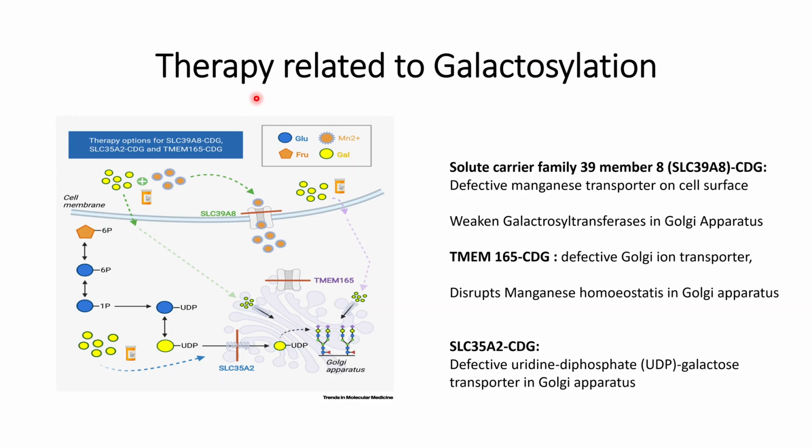In this video, we will continue our discussion about the therapies, or therapy ideas, that can be used to treat the congenital disorders of glycosylation. So in this video, we will cover mainly galactosylation, the problem with the galactosylation.